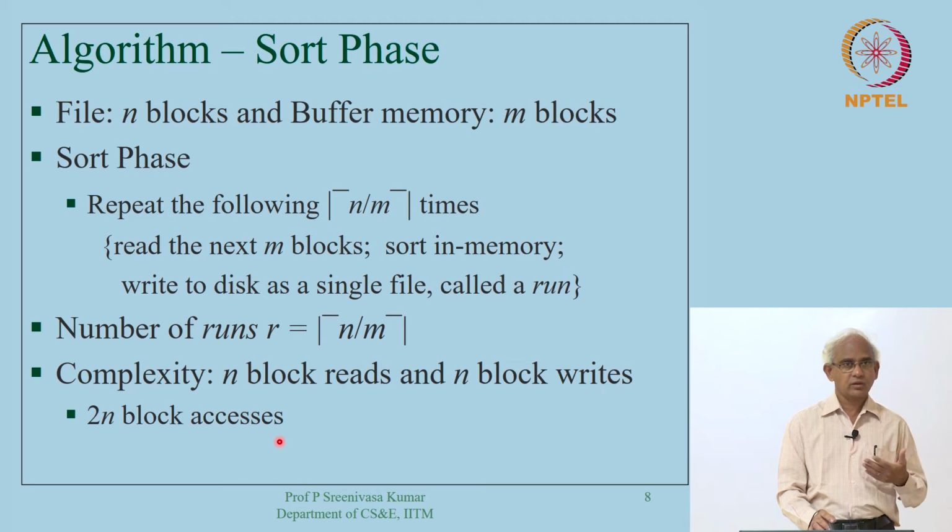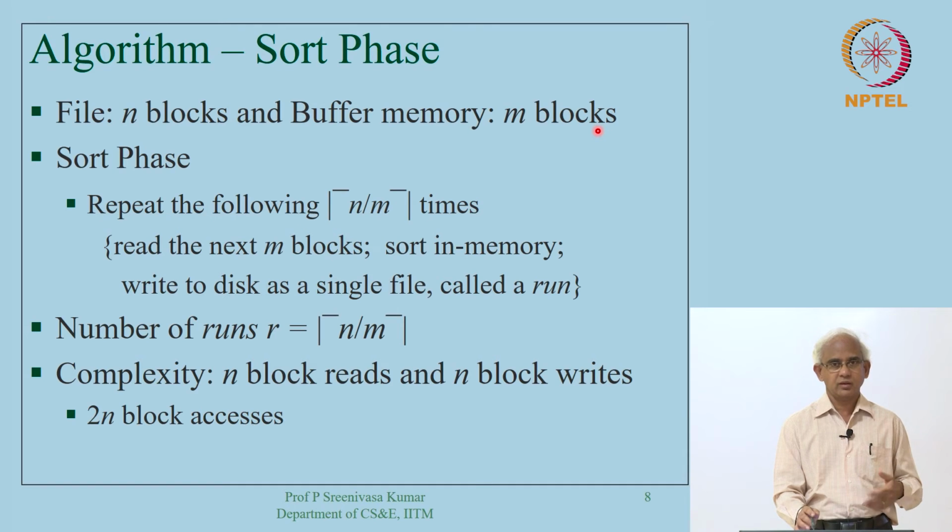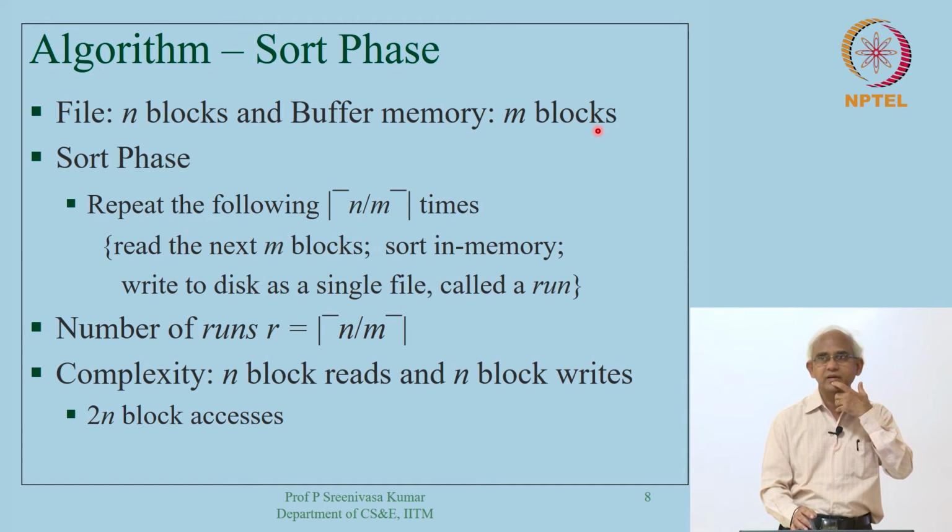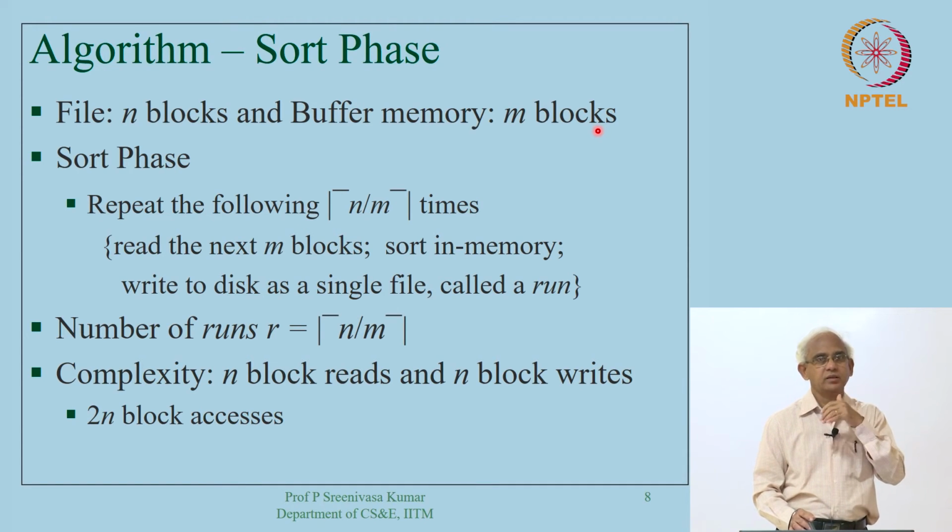You read m blocks at a time, sort them and write back those m blocks again. So essentially you are reading all the data file blocks and then writing them back. So it is 2n block accesses. Are you all with me on this?